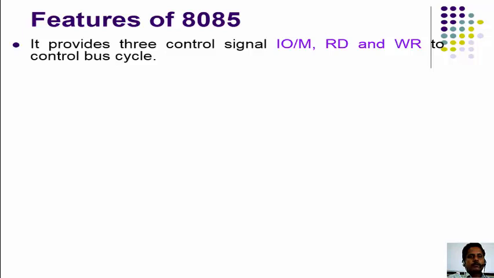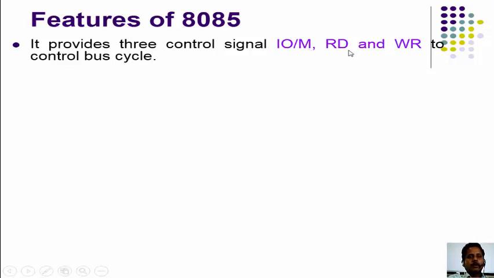Next, IO/M bar, read bar and WR bar. These are the 3 control signals mainly observed in the 8085 microprocessor. So IO/M bar is active low, where IO indicates IO device and M indicates memory.